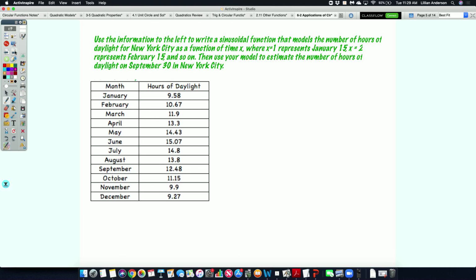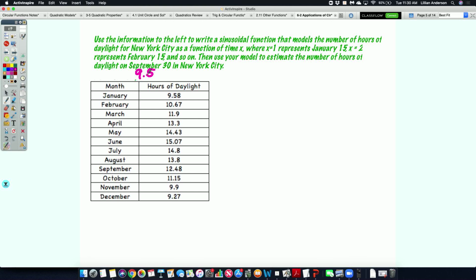Okay? Well, if January 15th represents 1, February 15th represents 2, March 15th would represent 3, September 15th would represent 9, so September 30th would be what? Don't overthink it. Say again? 9.5. The reason why is because January 15th, February 15th, March 15th, April 15th, May 15th, June 15th, so on and so forth, all those are going to represent your whole numbers.